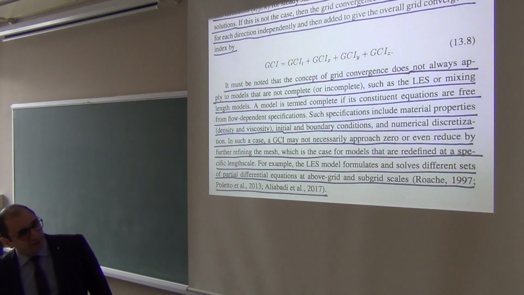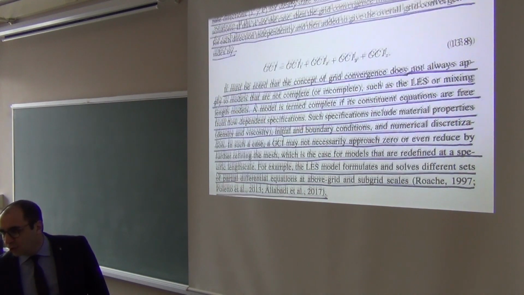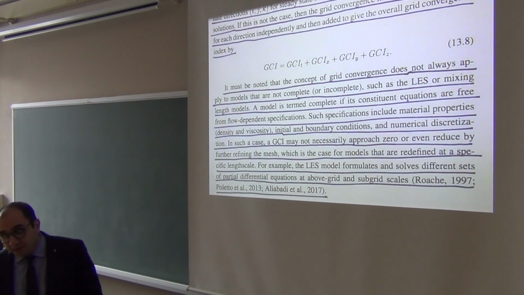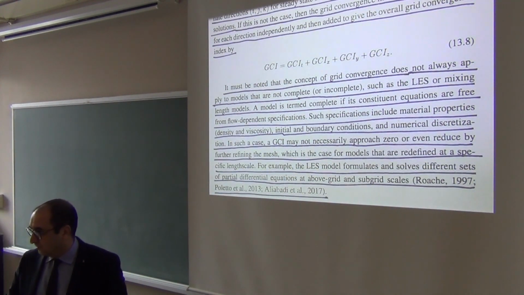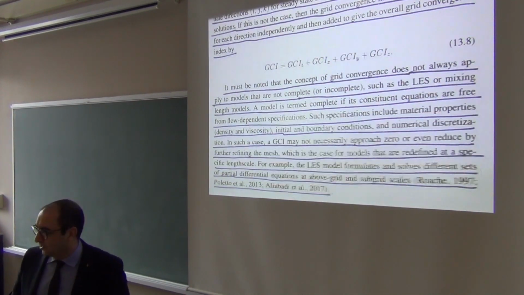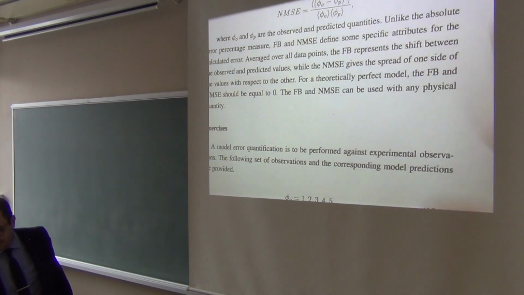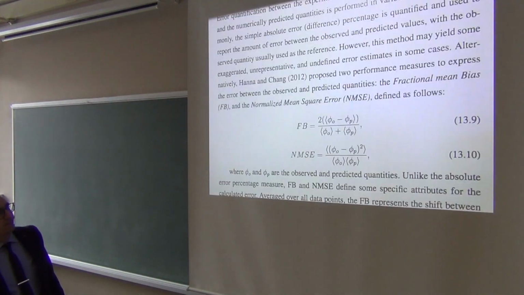In other words, incomplete models do not guarantee a converged solution. They may be better than a complete model, but the concept of convergence does not exist. Sounds like quantum mechanics. You just want to squeeze an answer out of it, but anyway, it's not fully predictable. Any questions so far?